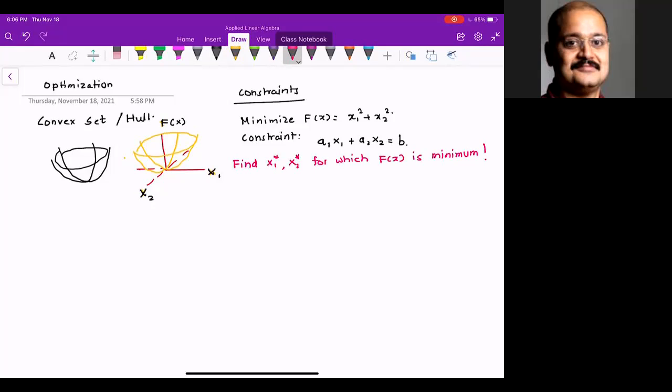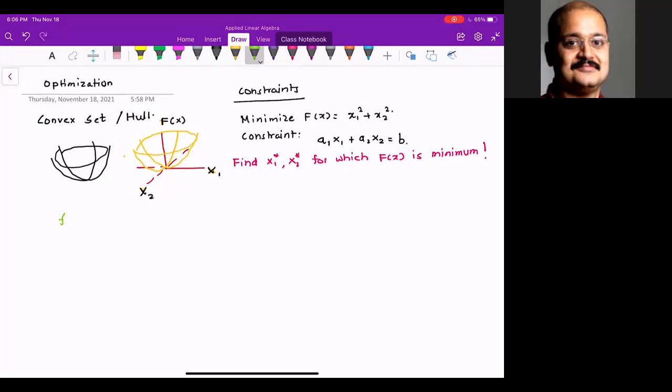Now, if this problem were just to find the minima, then you can just take the derivative and equate it to 0. So how is this problem different from finding just the minima? If you have a function f of x given as x square, to find the minima you take the derivative and equate it to 0, then find the second derivative and check whether it is positive or negative.